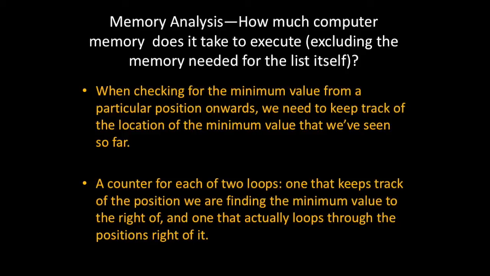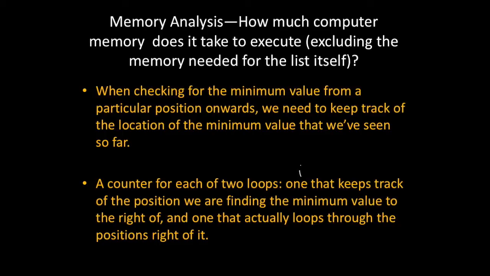So, when checking for the minimum value from a particular position onwards, we need to store where we found that value. And we're also going to need to store two loop counters, one that keeps track of the position we're finding the minimum value to the right of. That's going to be the outer loop or the I loop.